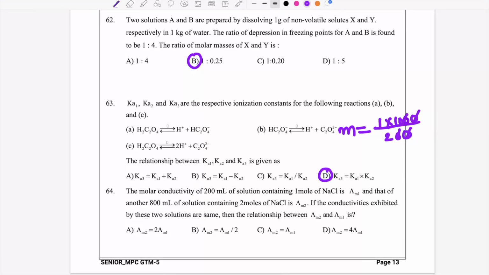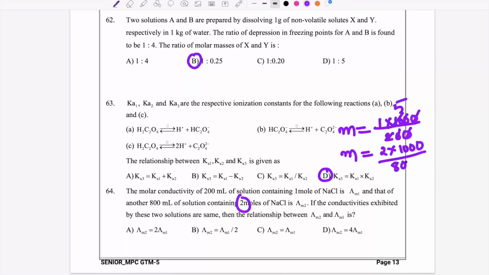The zeros get cancelled, and this is equal to 5. In the second case, we'll also check molality 2, which has 2 moles. So that is 2 into 1000 divided by 800 ml.